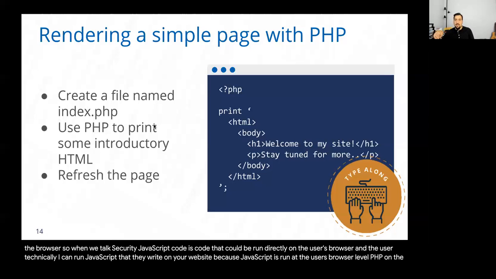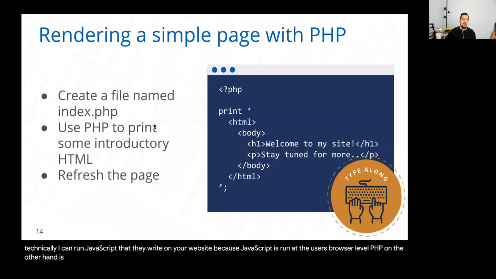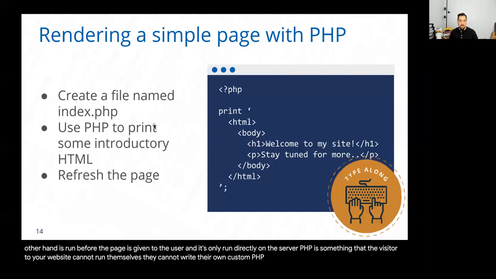PHP, on the other hand, is run before the page is given to the user, and it's only run directly on the server. PHP is something that the visitor to your website cannot run themselves. They cannot write their own custom PHP and run something.